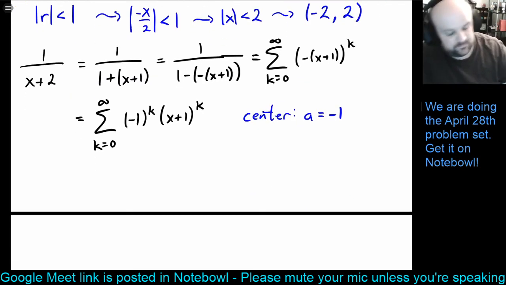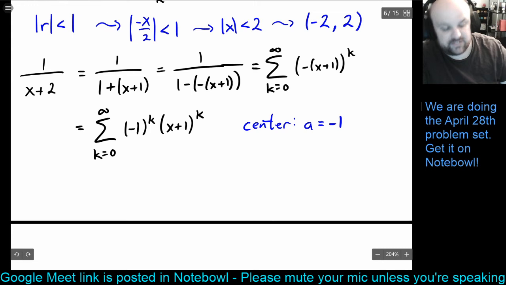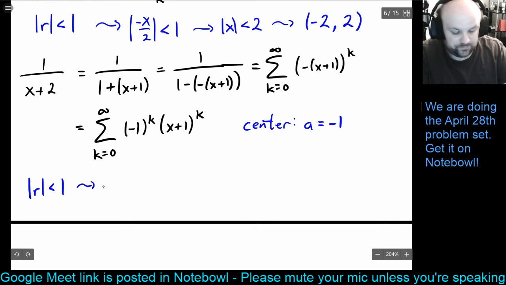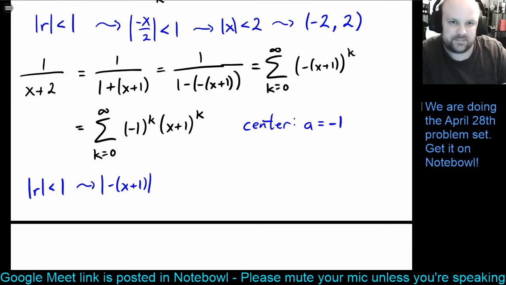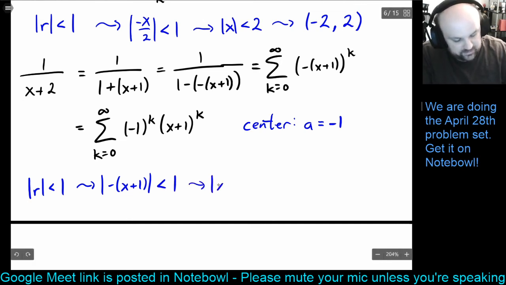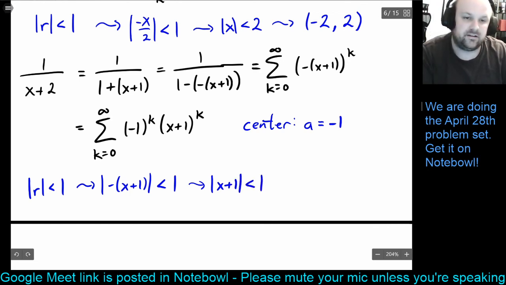And if we try to find the interval on which this converges, again, we look at the absolute value of r less than 1, which says the absolute value of negative (x plus 1) less than 1. That negative doesn't really matter here; the absolute value will kill it. So the absolute value of x plus 1 is less than 1.